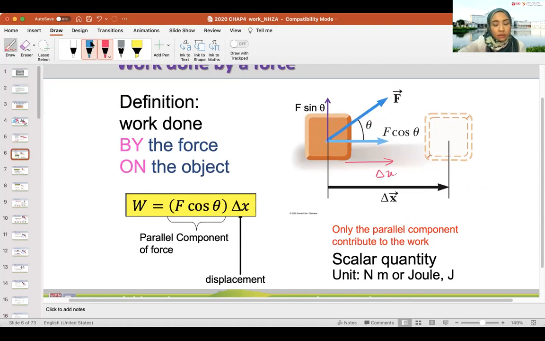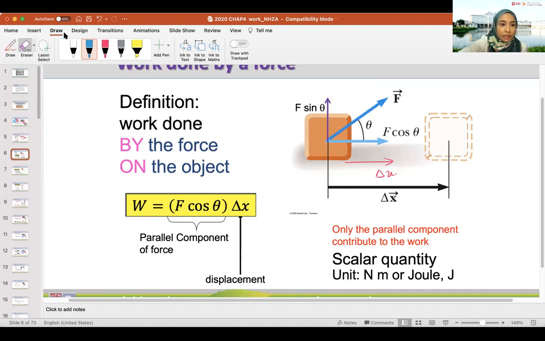So my force, I can say I want to push like this. Okay. But the force component that is parallel to delta X is to the left. Later we will look at examples like this. So it means that work done is the force that is parallel to the displacement. It's not necessarily in the same direction, but it is parallel. It can be the same direction or the opposite direction as long as it is in the same axis, the same axis as the motion or displacement.